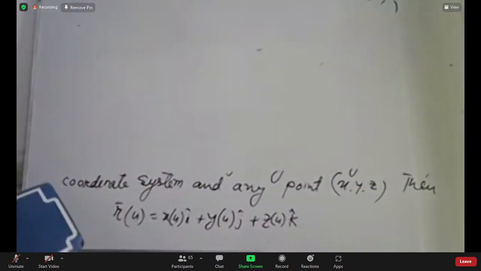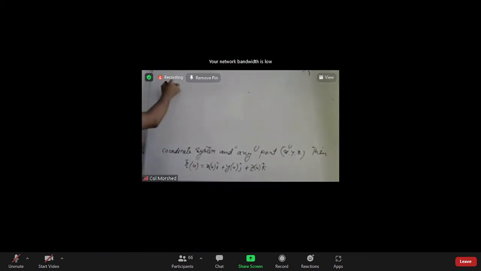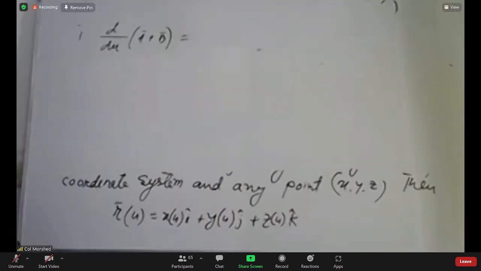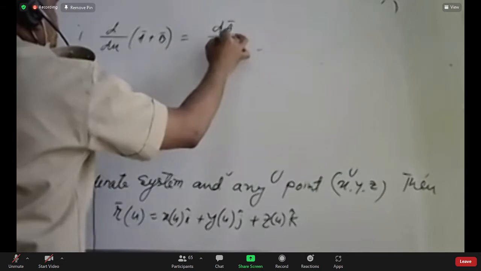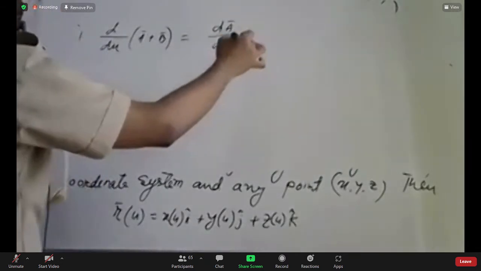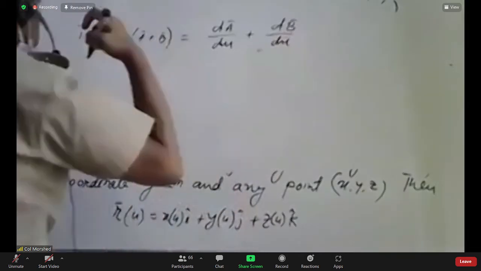Now there are a few formulas for the ordinary vector which we will require here. Formulas: suppose d/du of A plus B is equal to dA/du plus dB/du.